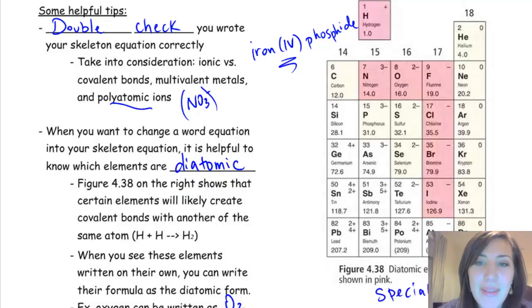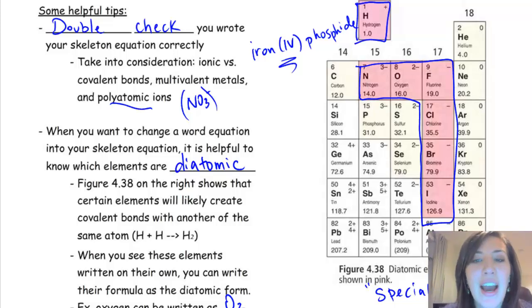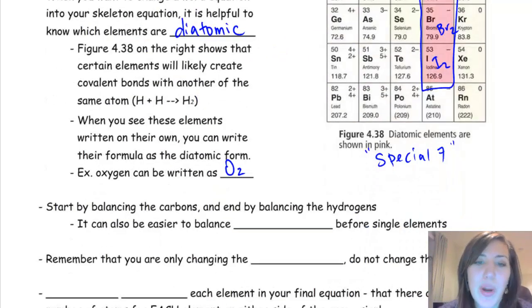And we see that it makes a 7 in our periodic table, and there are 7 of these elements. So hydrogen and hydrogen will make hydrogen gas like this: nitrogen gas, oxygen gas, fluorine gas, chlorine gas, bromine gas, and iodine gas. So they will come together. These are diatomic. So you just need to recognize that when you see the word.